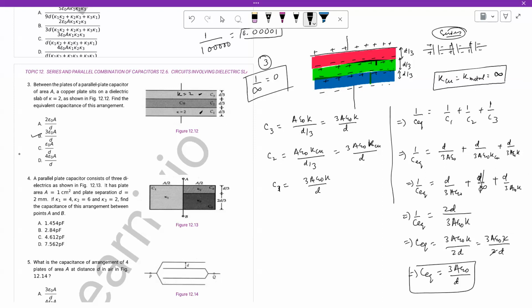Please try this question at your home. It's already 8. So I will do one more question from this one, and then I'll start the fourth chapter.